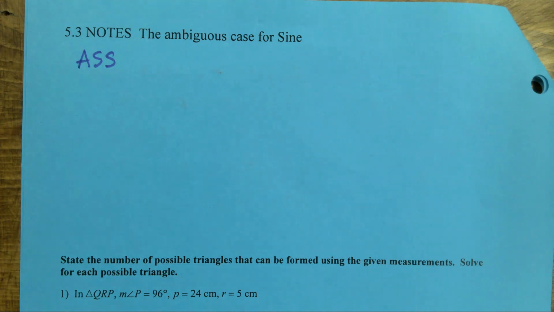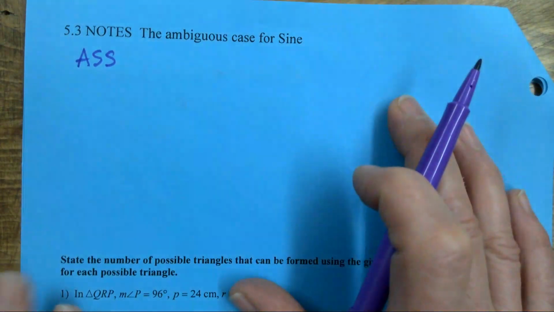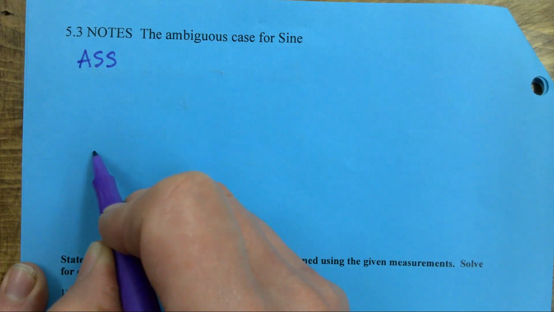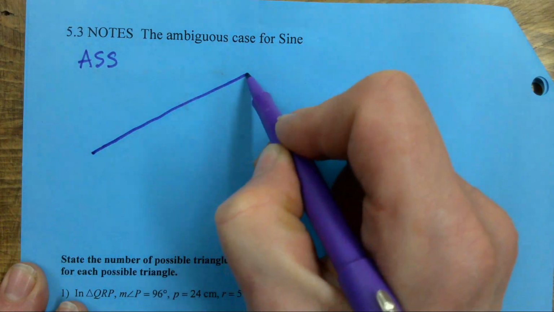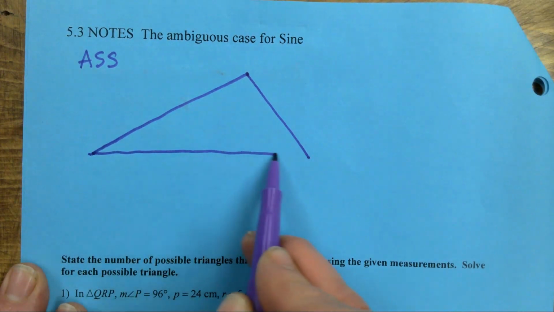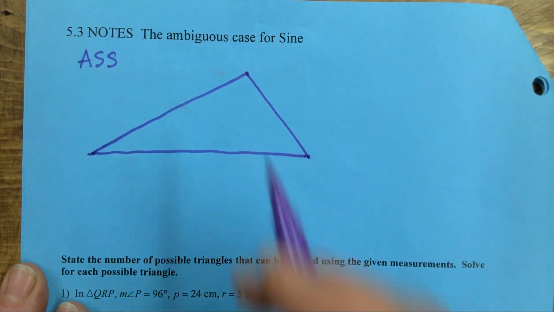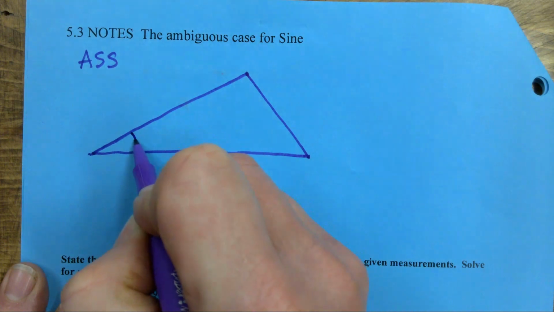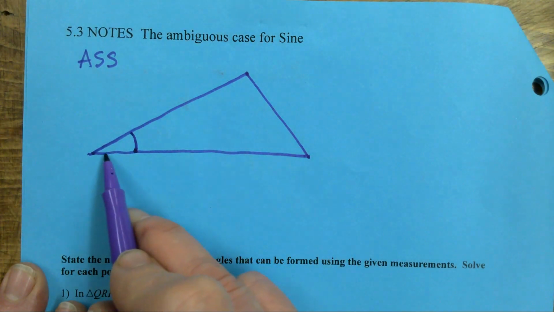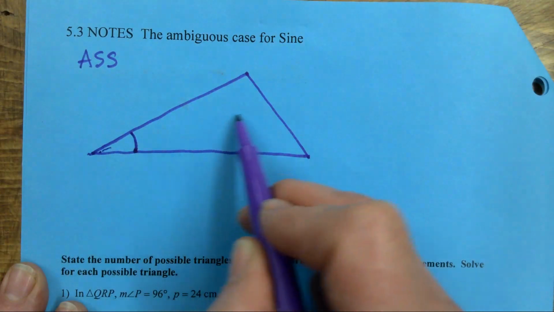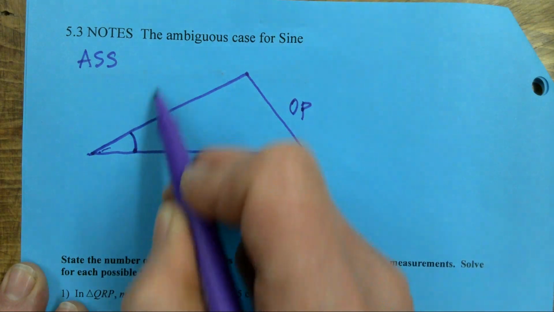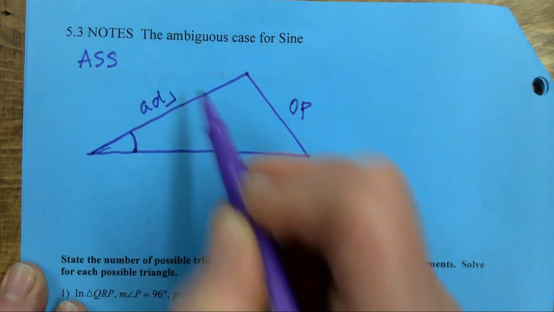And I say potential. So this is what it looks like, and it's a little bit hard to draw, so watch my drawing and I'll show you where it goes. I could be given this information, where I'm given this angle here, the side opposite the angle, and a side adjacent to the angle.